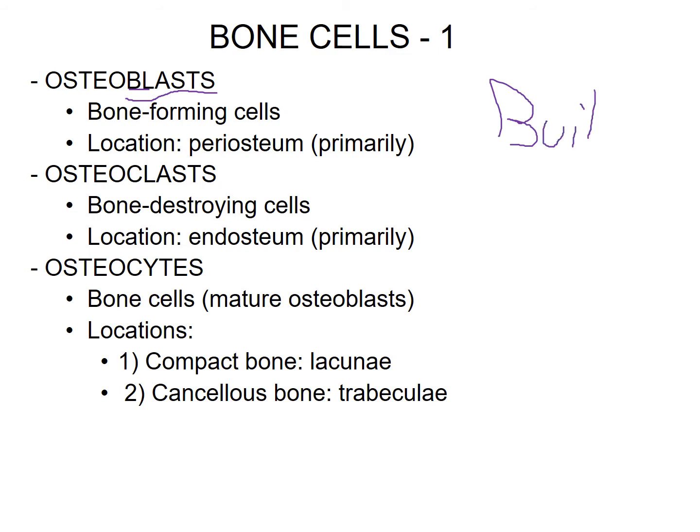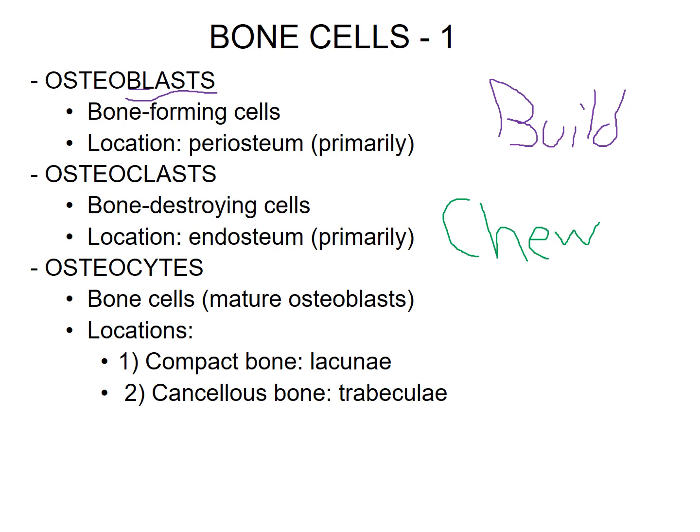So we said C for clast, C for chew or crush or collapse, whatever word you want to use. And then we said osteocytes are those mature osteoblasts. Basically, they just get trapped as they get older, and really they just hang out in the bone tissue. They do still have a job, but they're just not as active as those osteoblasts and osteoclasts are.